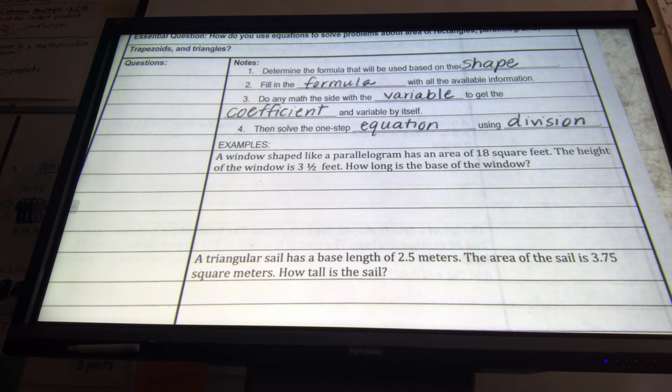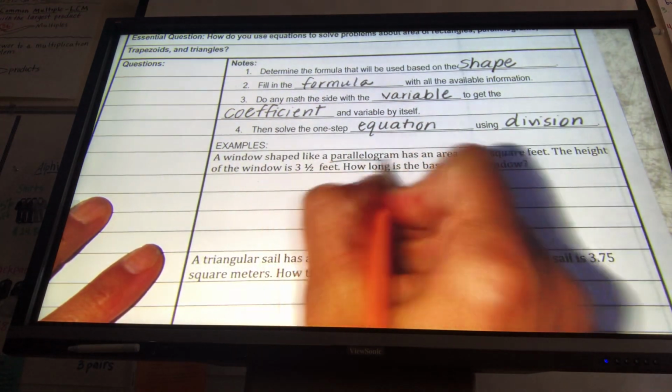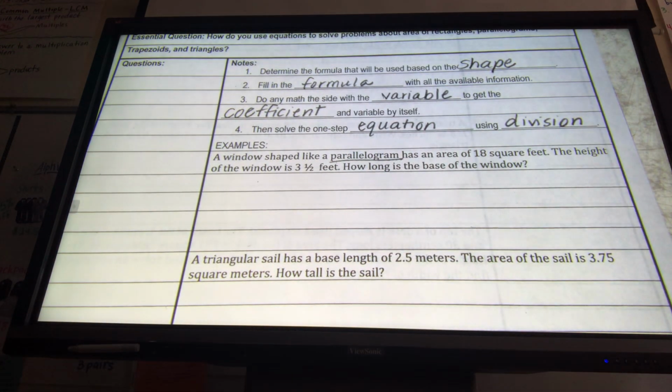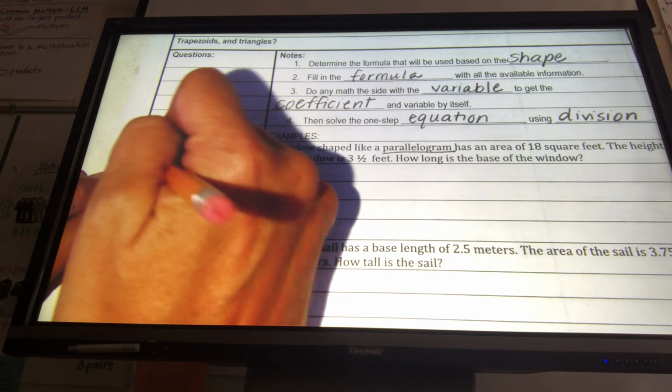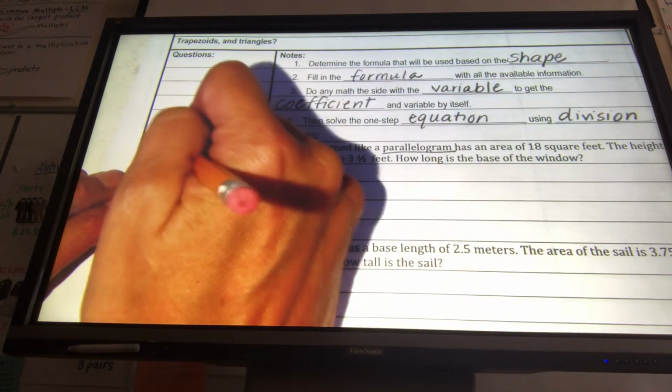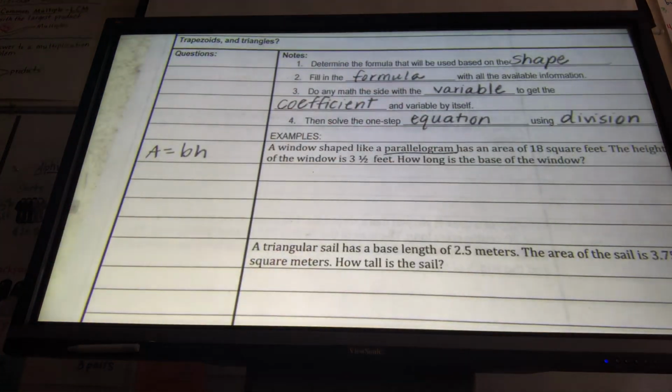So the very first problem says a window shaped like a parallelogram. I want you to underline the shape that it gives you. So we have a parallelogram. And I want us to write out over here its formula: A equals base times height for a parallelogram.